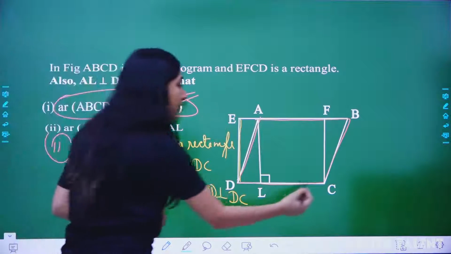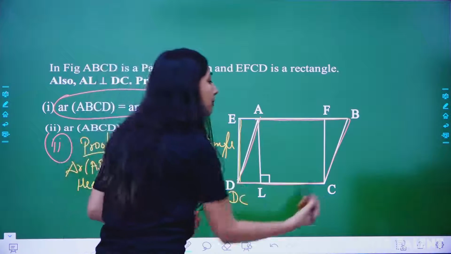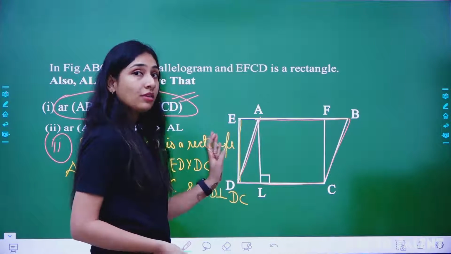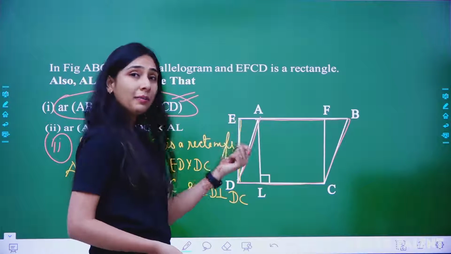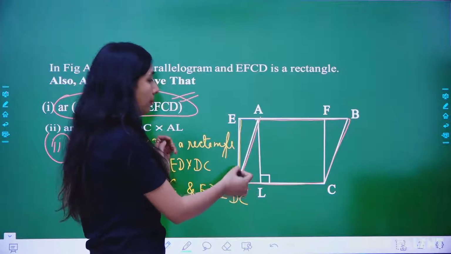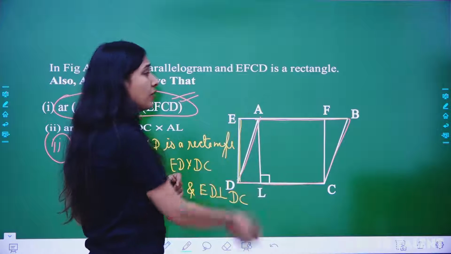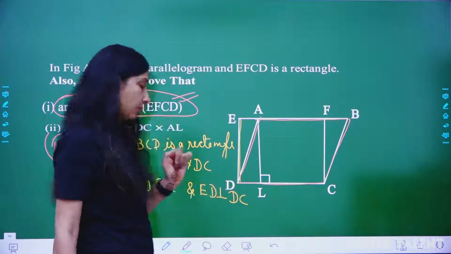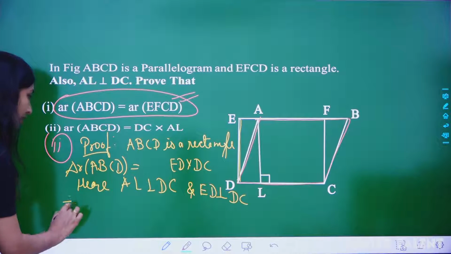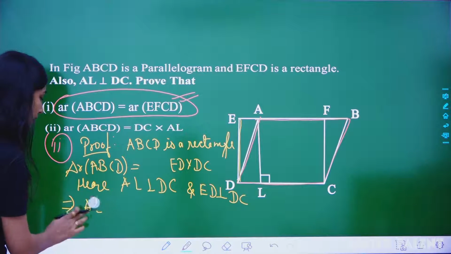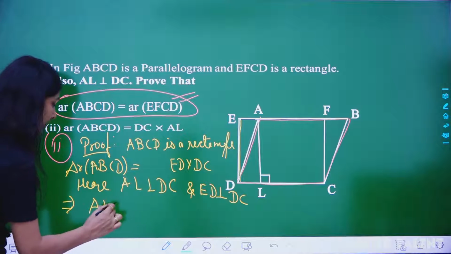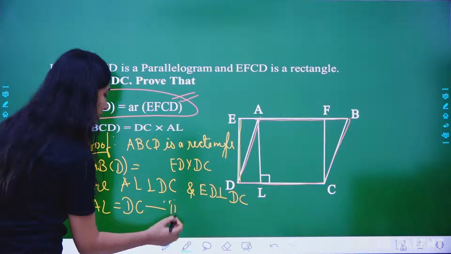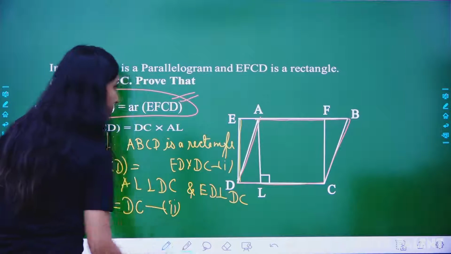That means ED will be equal to AL, because they are between the same parallels and both are perpendiculars. The perpendicular distance between two parallels will always be the same, right? So this implies that ED equals AL. This is the second equation, this is the first equation.